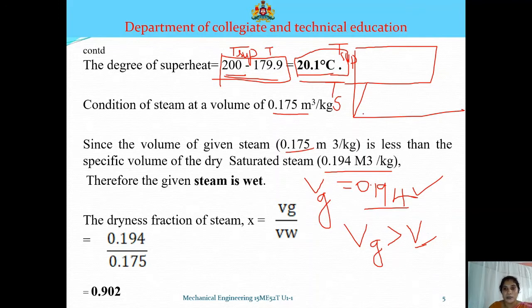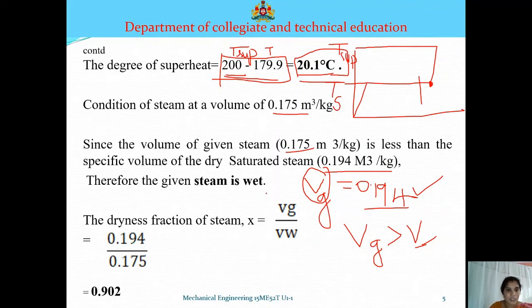Okay. So by seeing the TV diagram, the specific volume for the dry steam will be somewhere here. Since the specific volume of the given steam is less than this, the condition of the steam will be wet steam. Why? Because the specific volume of dry steam is greater than the given value.